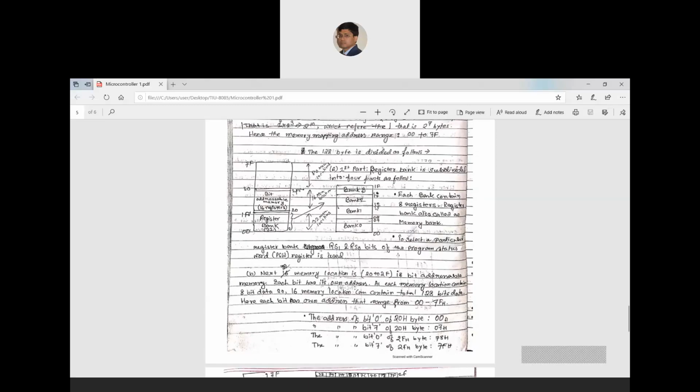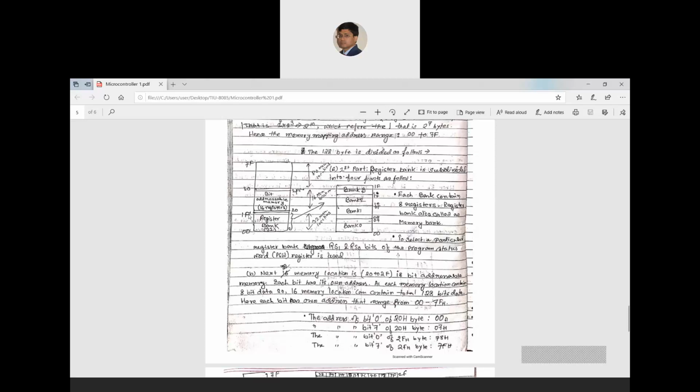And the location is 00 to 1F. So 00 to 1F means 00 to 07, 08 to 0F, 10 to 17, 18 to 1F. This is the address of each bank, so calculation of the address is easy.